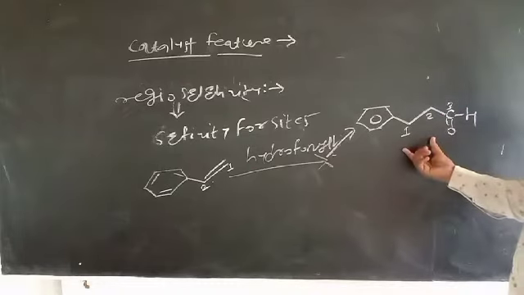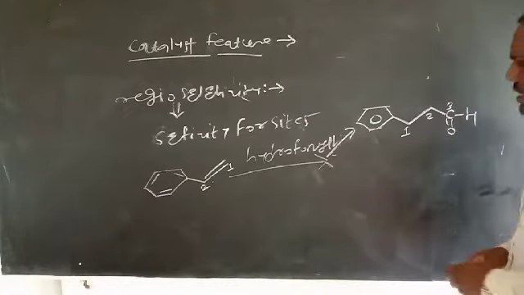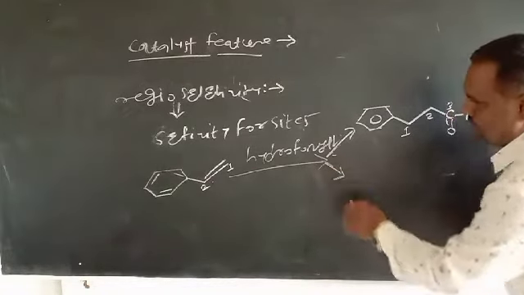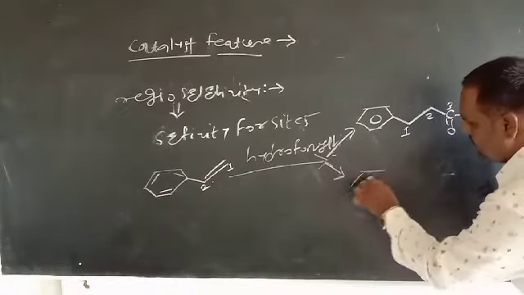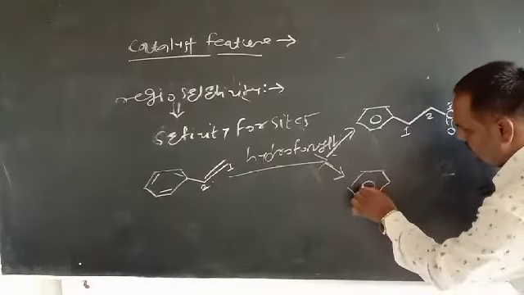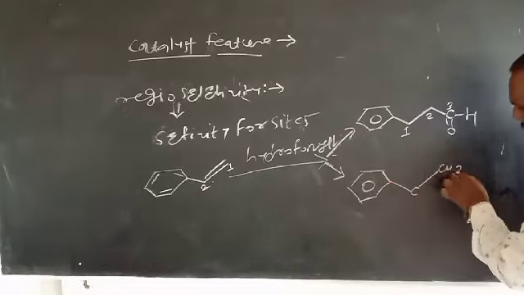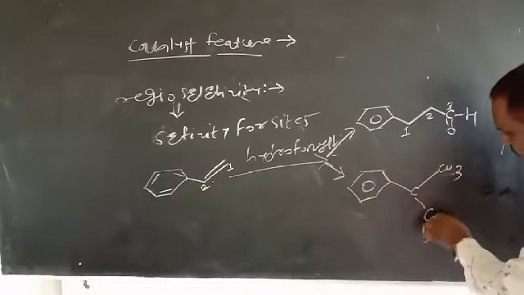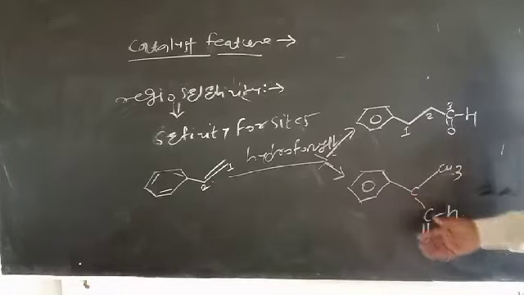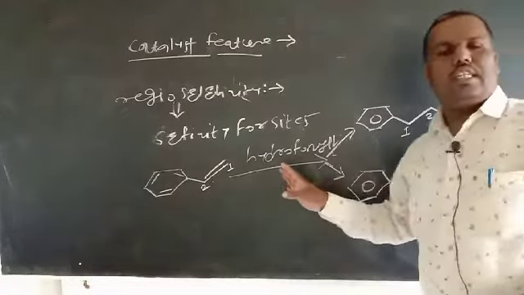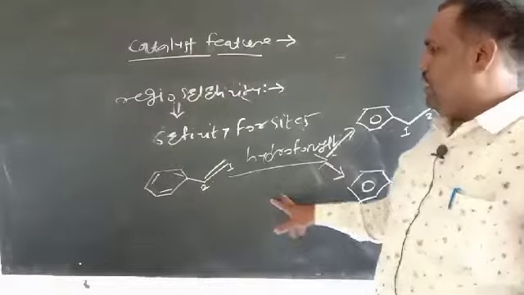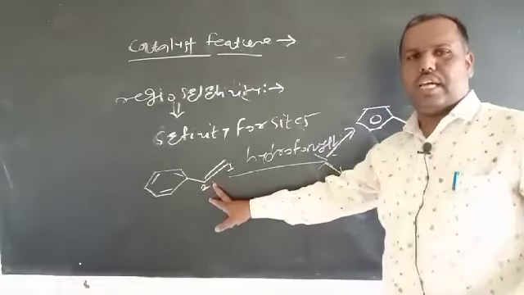This is called linear aldehyde, and the second product is a branched aldehyde, CH3 and C double bond O H. Here it is also 3 carbons. So there is a possibility of two products for this hydroformylation reaction.